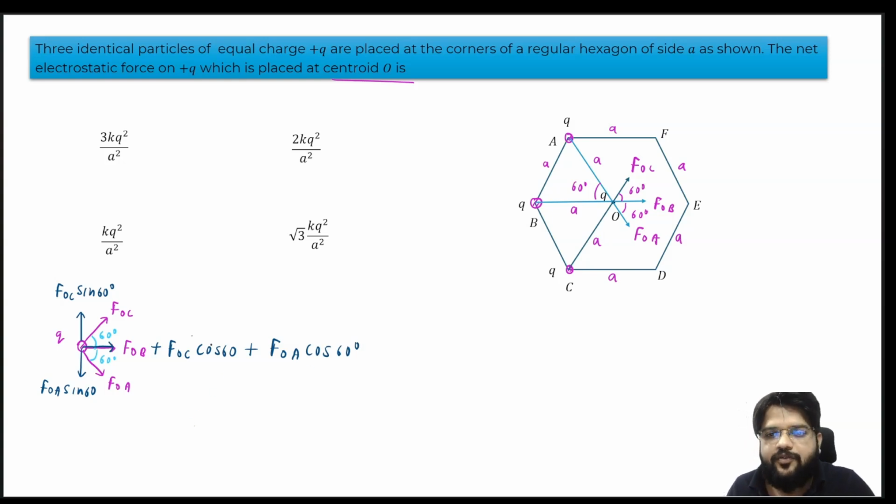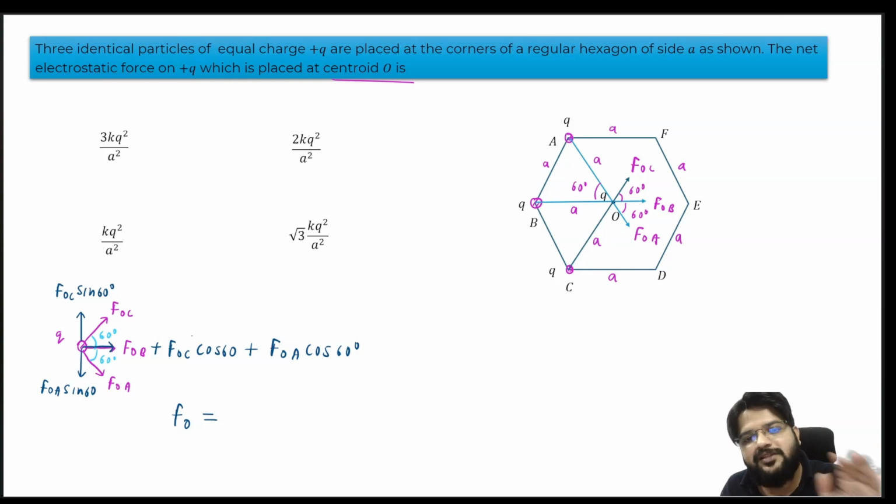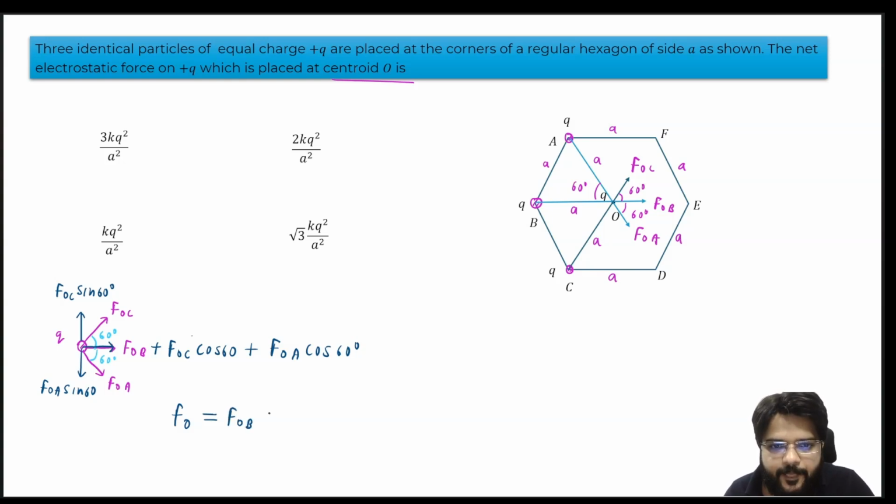So the net force on this O charge is FO equal to, see, FOB, FOC cos 60 and FOA cos 60 have the same direction. So directly we are adding like scalars because they are all in the same direction, and the angle is 0. So directly we can add FOB plus FOC cos 60 plus FOA cos 60.